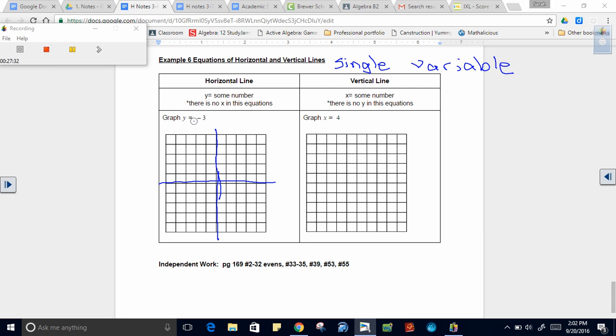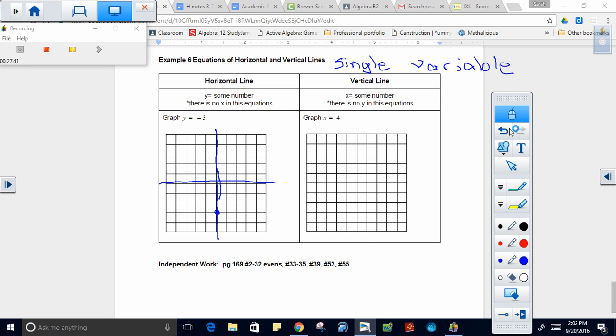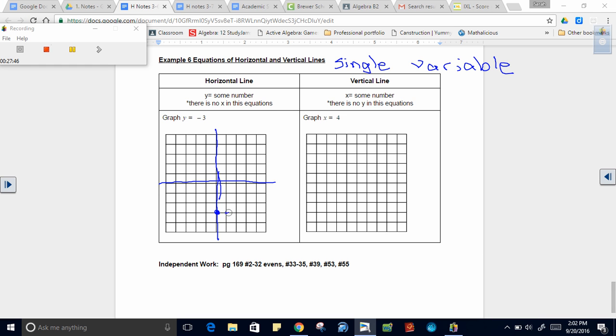So if y equals negative 3, you find the point where that would be true, right here. And if you think about it, this is another point where y would be negative 3. And another point where y would be negative 3, which would be right here, and here, and here. I could continuously make points where y is negative 3. It doesn't matter what x is. That's the graph of y equals negative 3. Horizontal line going through y equals negative 3.